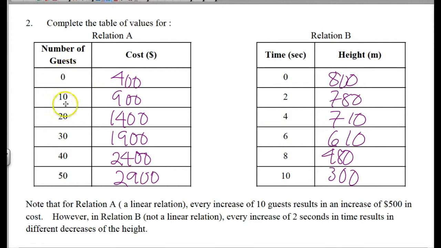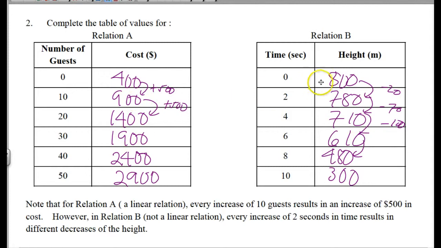Okay, so whereas here, for every 10 guests, we went up by 500, this is not a linear relation. Every increase of 2 seconds results in a different decrease of height, right? This is minus 20, minus 70, minus 100, and so on.